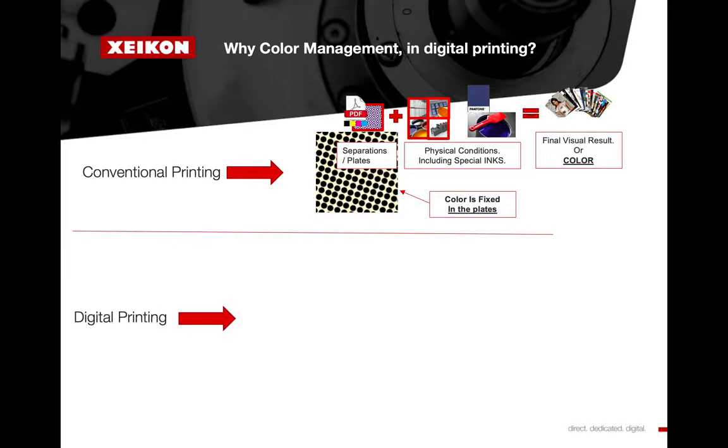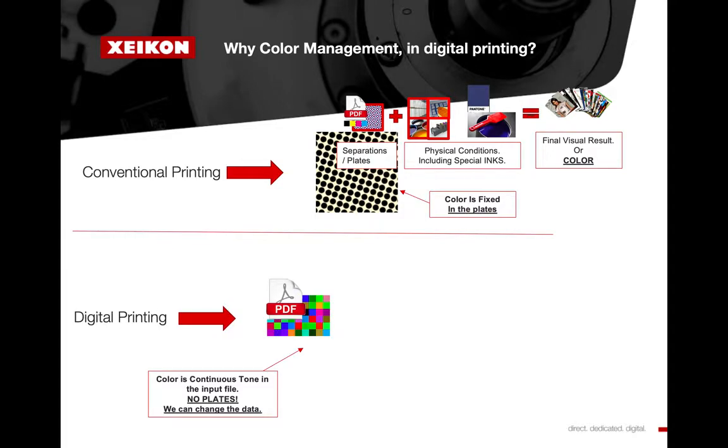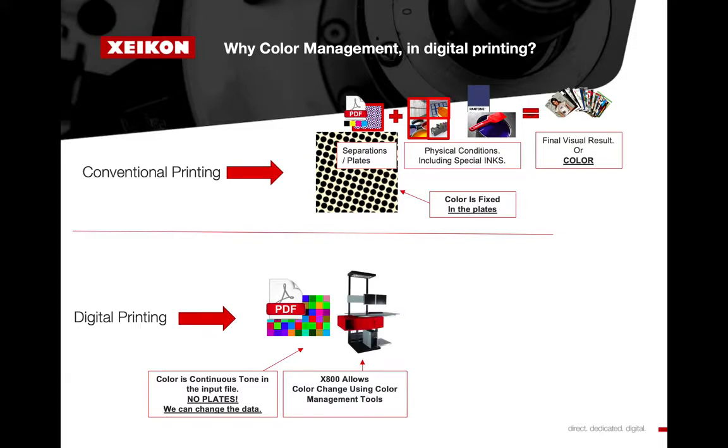If we look at digital printing, something very different happens, and that is that the colour coming into the system, or the file coming into the system, is continuous tone. And continuous tone allows us to manipulate colour. Obviously, we need to do this in the most accurate way, and that's why we use colour tools, such as colour management.